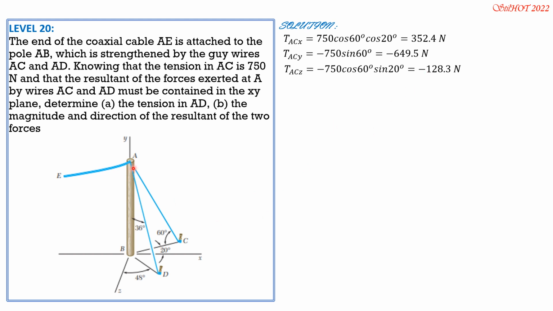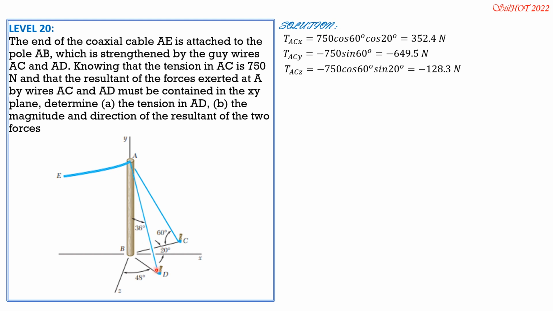Then tension AD, X. So we compute this first. This is tension AD sine of 36 because it is opposite. And ADX is this value here in the positive direction, opposite to 48. So we multiply further by sine of 48.